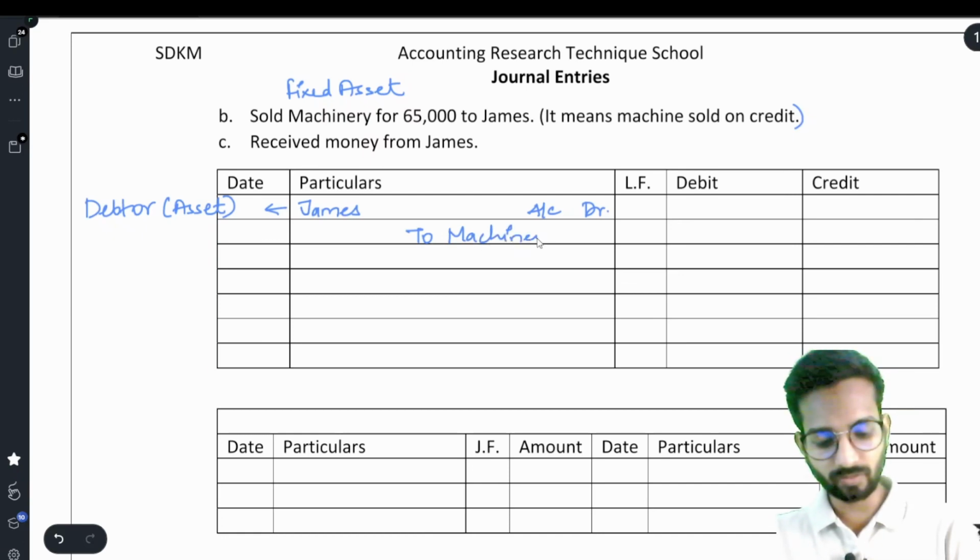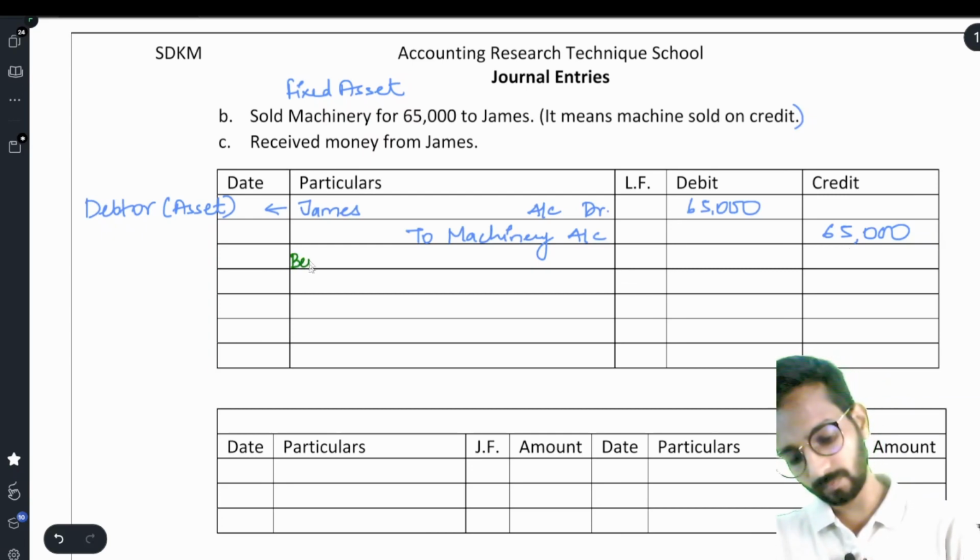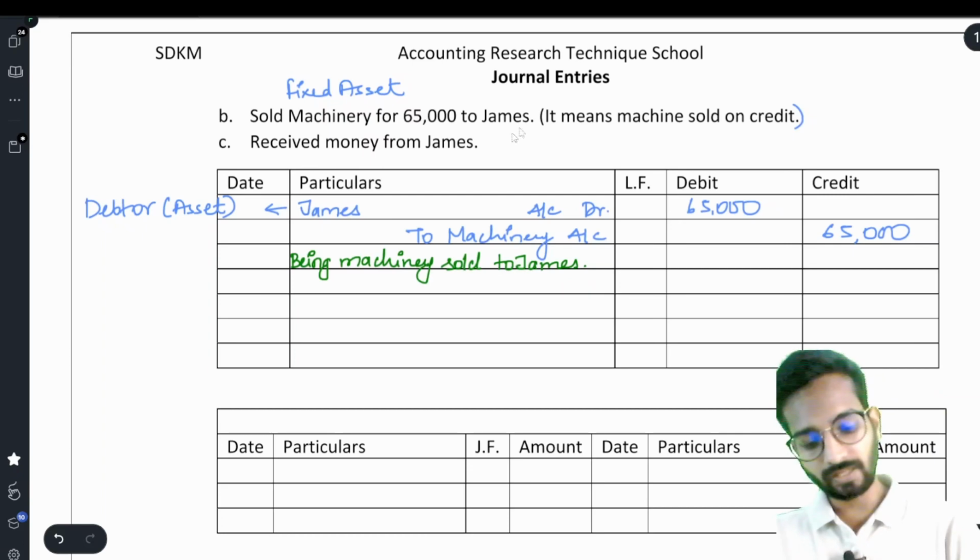James account debit to machinery account, that is 65,000, and here also 65,000. After this, you will write the narration: being machinery sold to James.